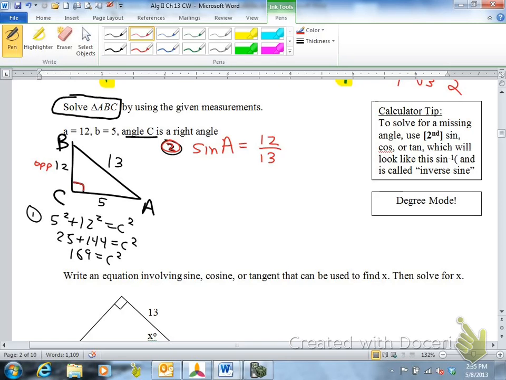You're missing an angle. The way you do this, you have to get rid of sine. It's an operation. You have to undo sine. So you have to do the inverse of sine. So the inverse of sine is 12 over 13. I gave you directions right here on how to do this on the calculator. It's going to look like this.